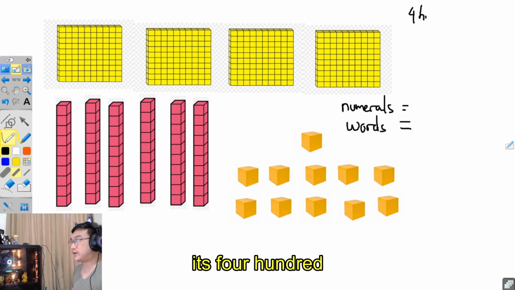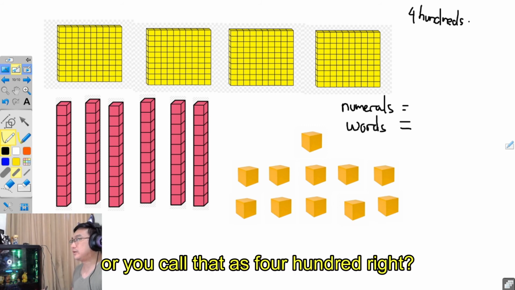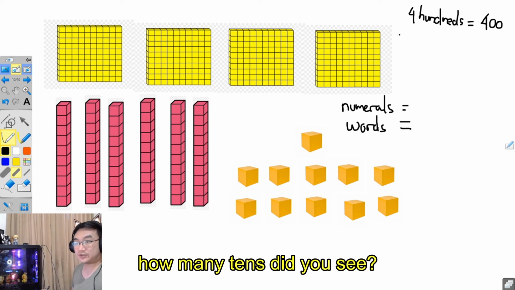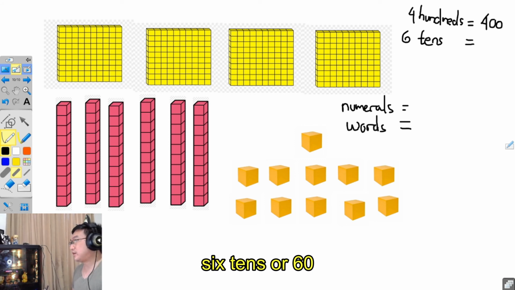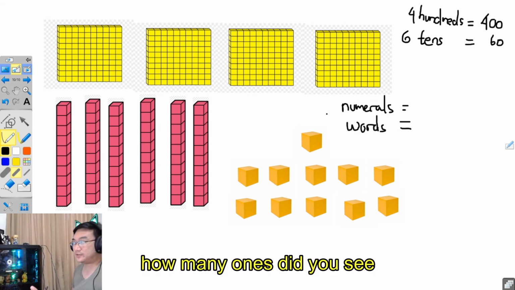Correct. It's 4 hundreds, or you call that 400, right? How many tens did you see? You see 6, correct. 6 tens, or 60. How many ones did you see?